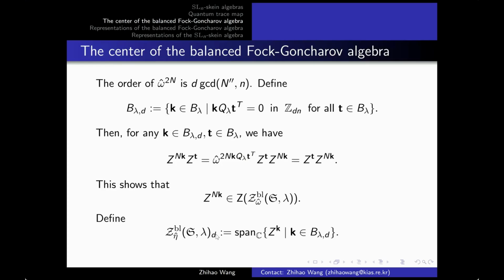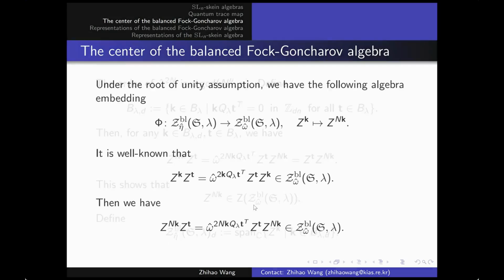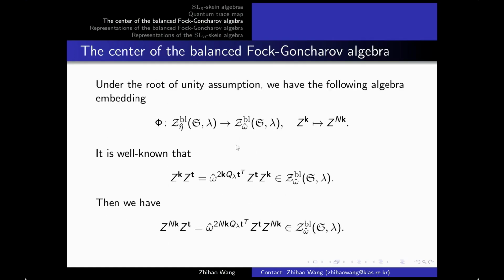And then naturally we can just define this subalgebra of the z torus for eta, labeled by this d. It is generated by all the z to the power of k, such that k is in b lambda d. So from this argument, we know that this map phi, the Frobenius map, maps all the elements here into the center of the balanced part of the z quantum torus for omega.